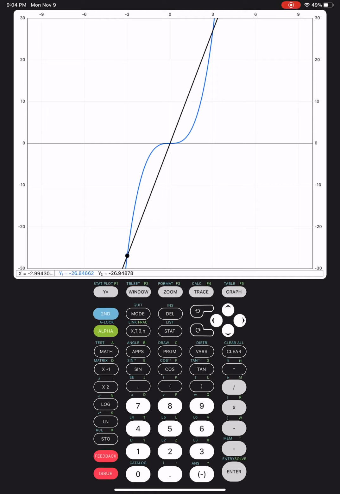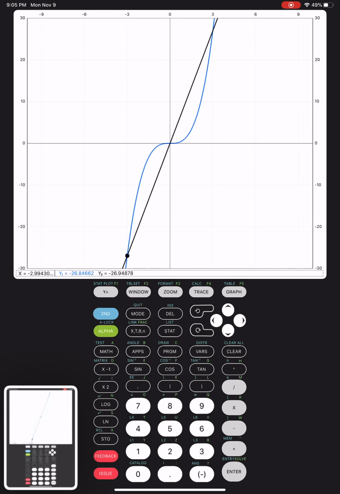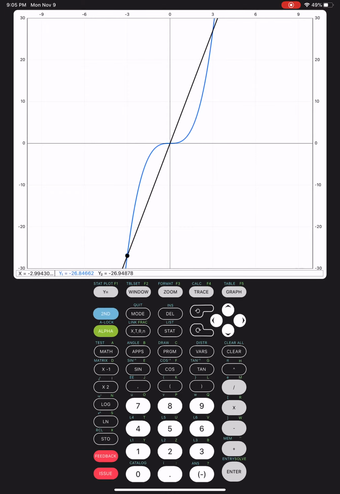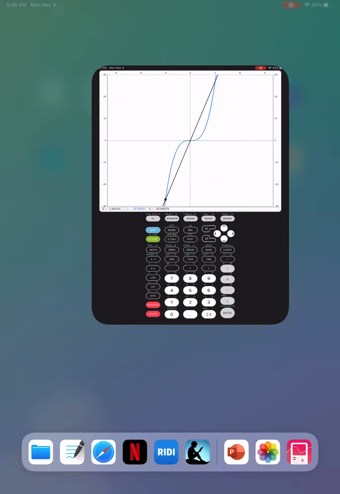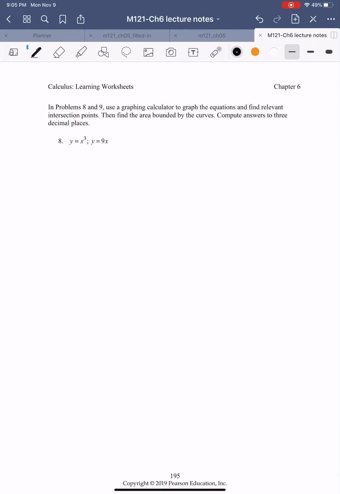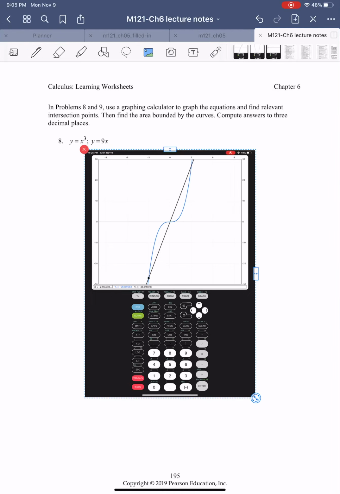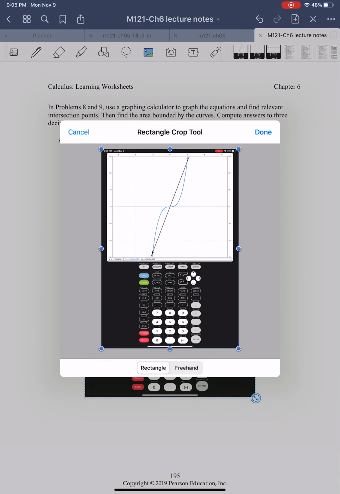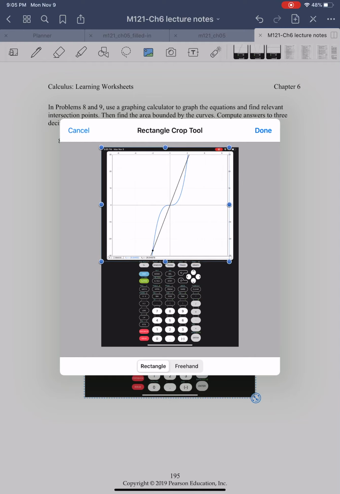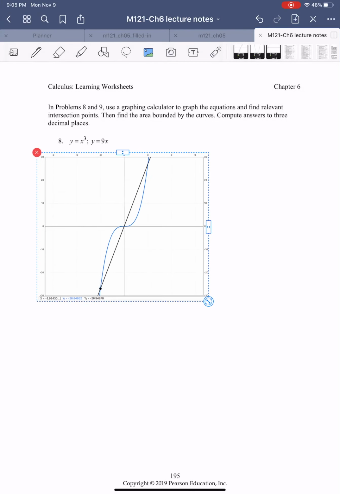So let's copy. You can see that we have two areas to consider. Two areas will be here.